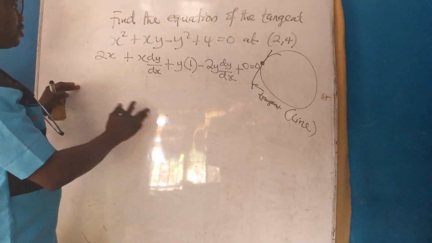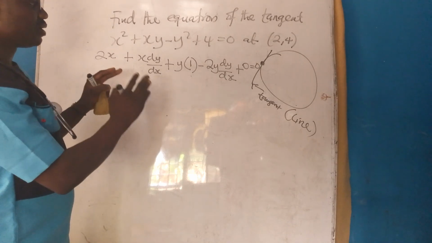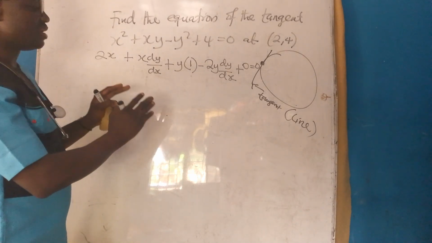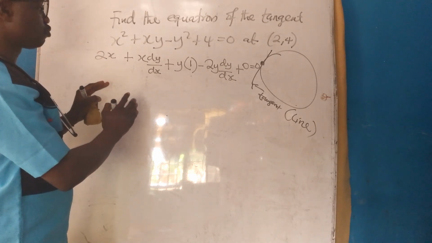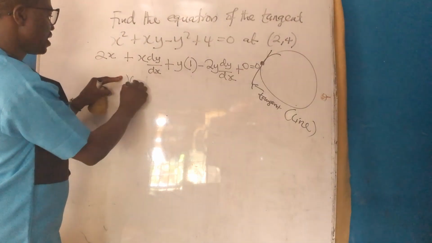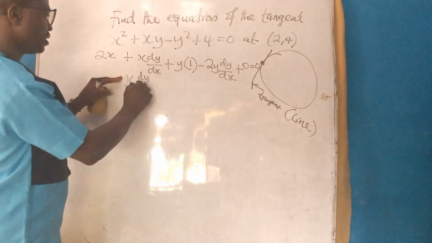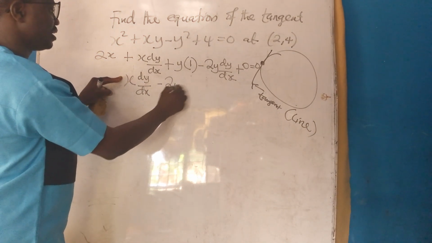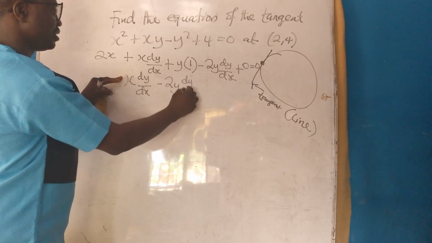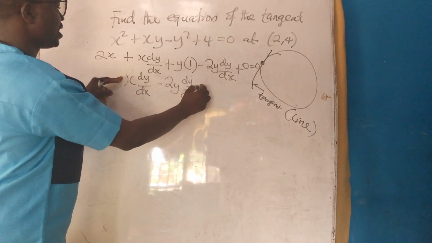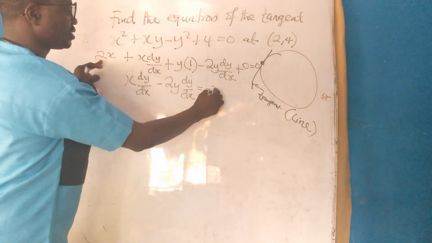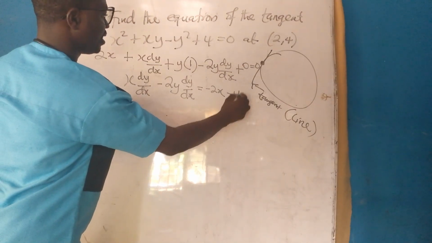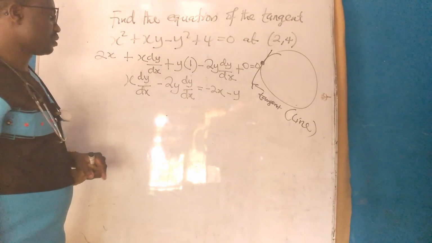Now looking at this expression, we can group like terms by putting all the dy/dx terms on one side. So I will have x dy/dx minus 2y dy/dx. Then I move the 2x to the other side, and the y also to the other side.